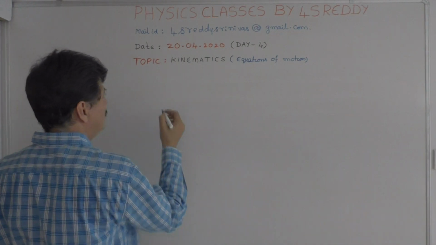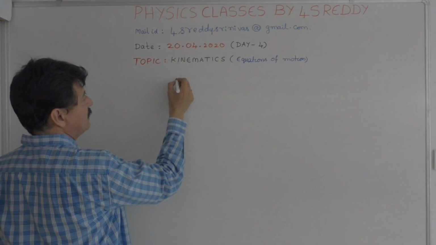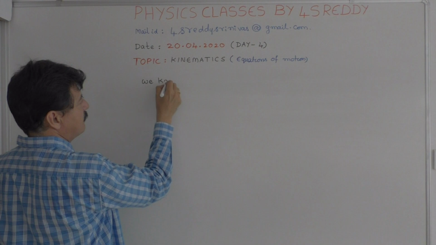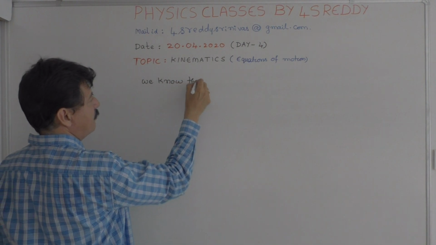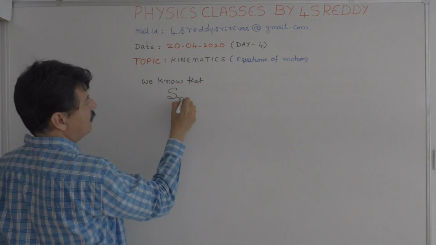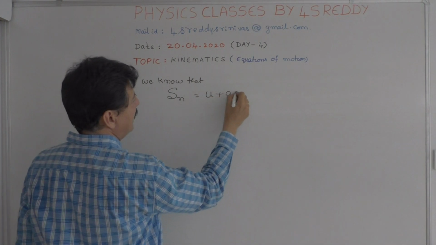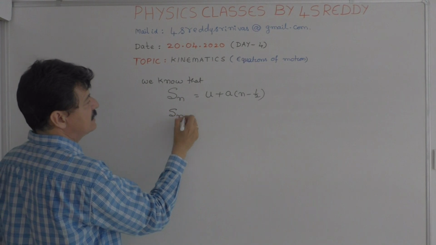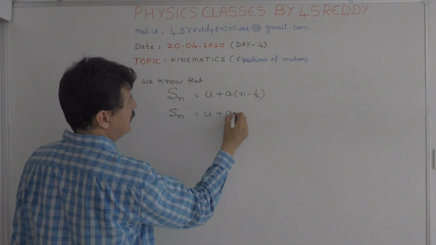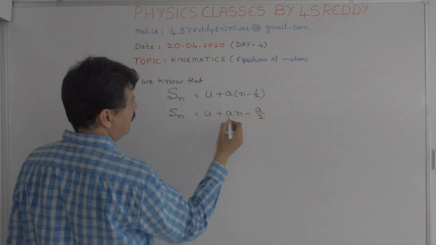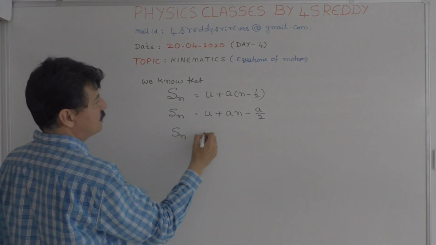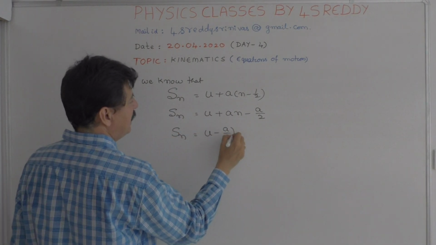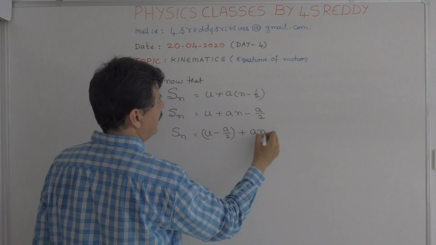We know that Sn is equal to u plus a into n minus half, or Sn is equal to u plus an minus a by 2, or Sn is equal to u minus a by 2 plus an.